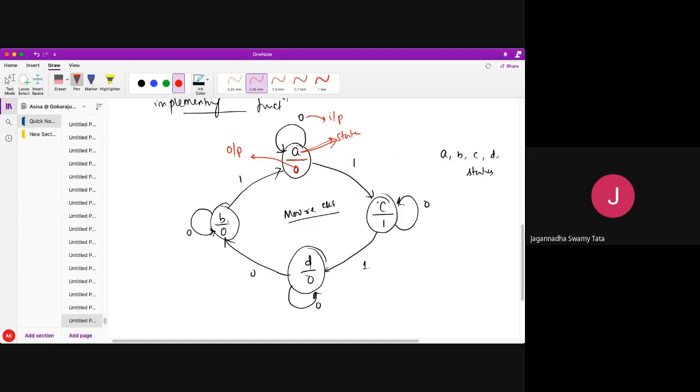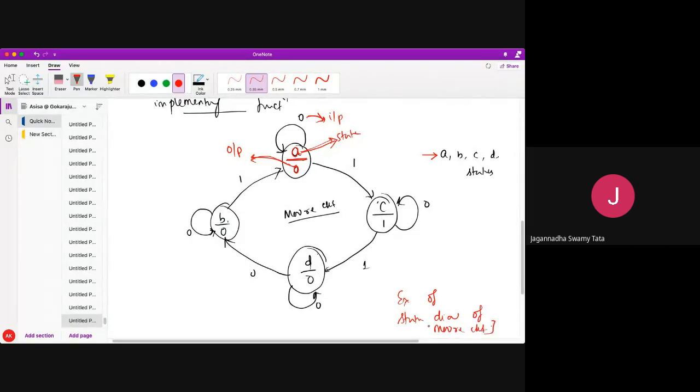So three things we have seen. This is one example of the state diagram of a Moore circuit.